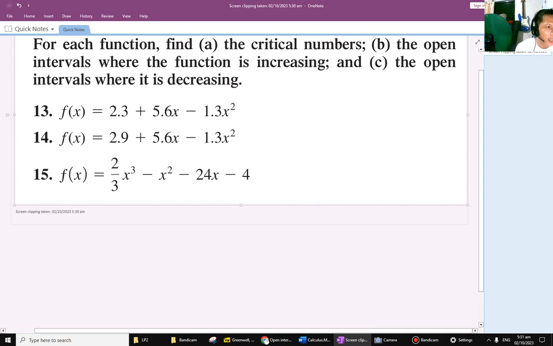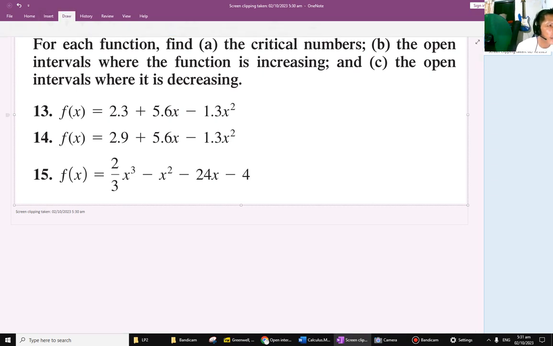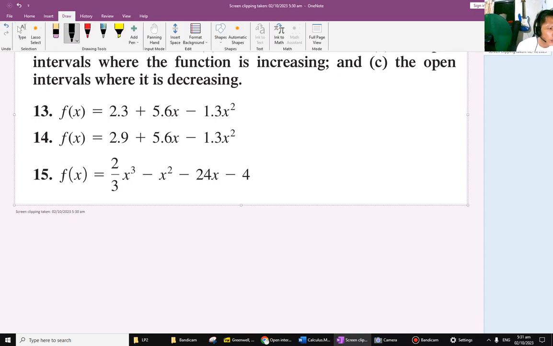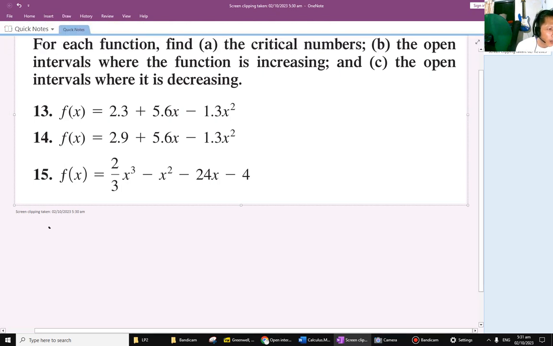So for number 13, the solution would be, I'll start with, of course, there are three problems here. I'll start with number 13. f prime of x. So if I say f prime of x, I'm already telling that the next part would be a derivative.